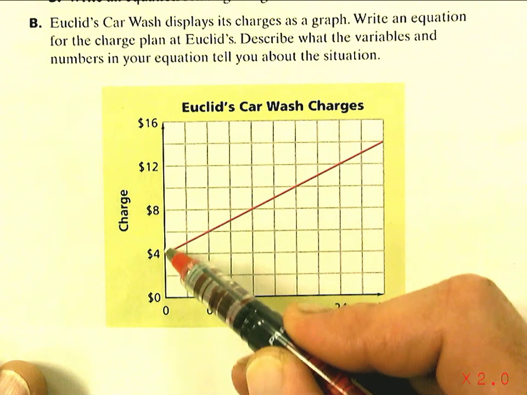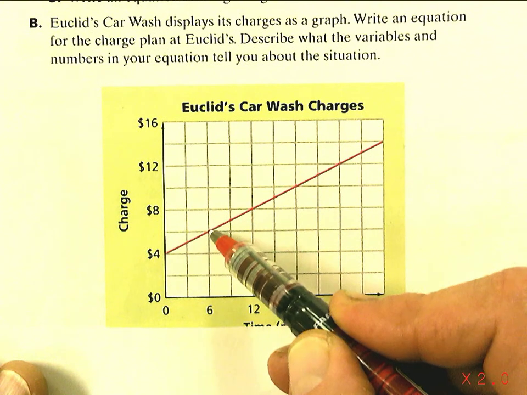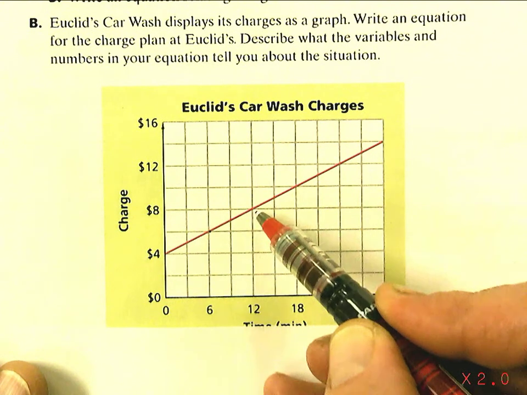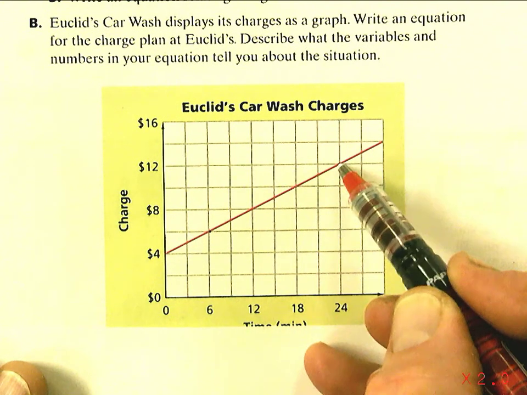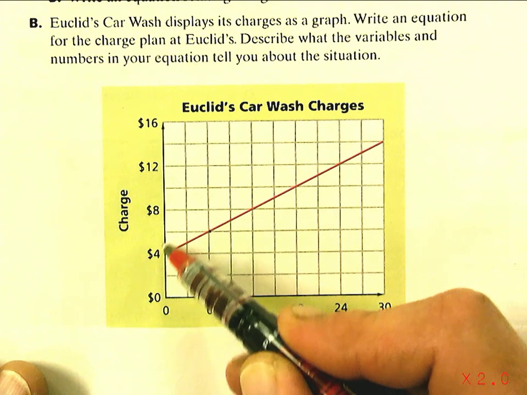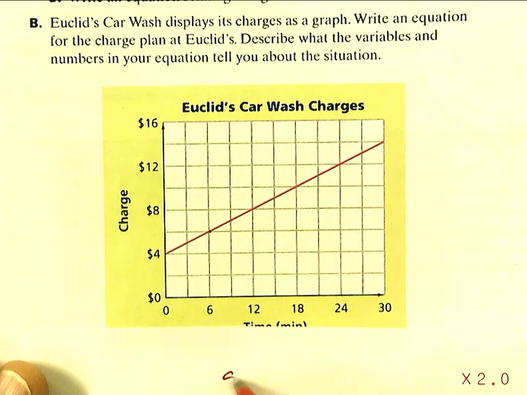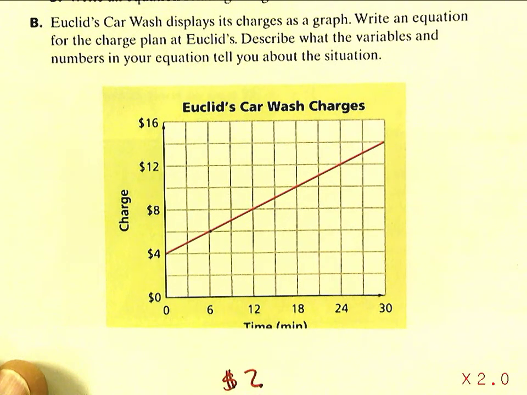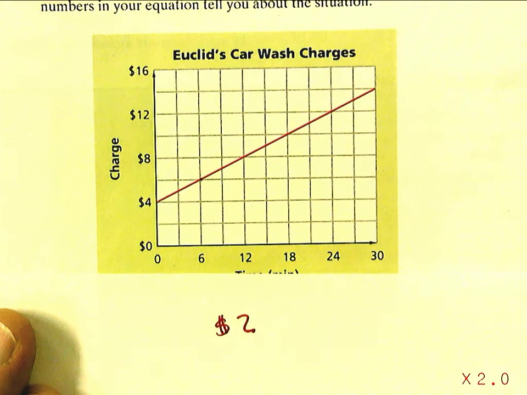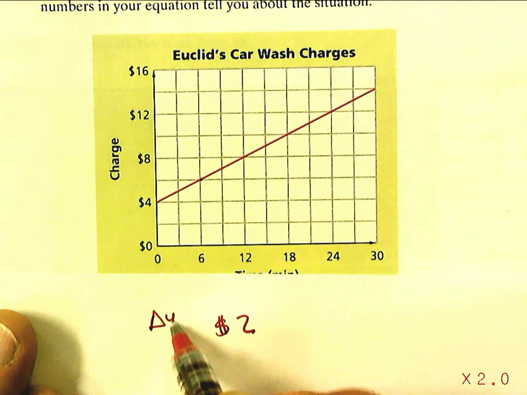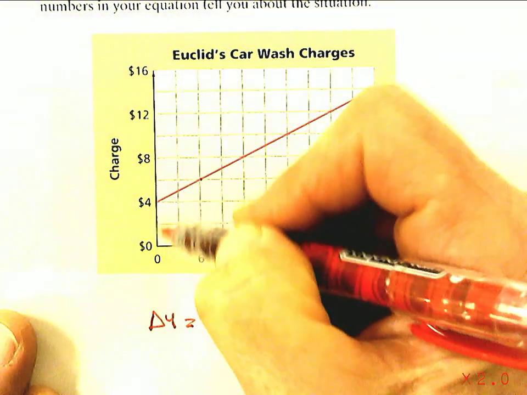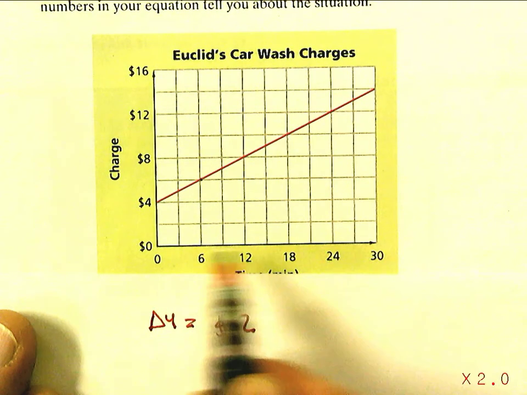The change in y, this upward change, because I'm going to go from one point to the next and see how it stair steps up. If I start here and go up $2, that's the change in y.